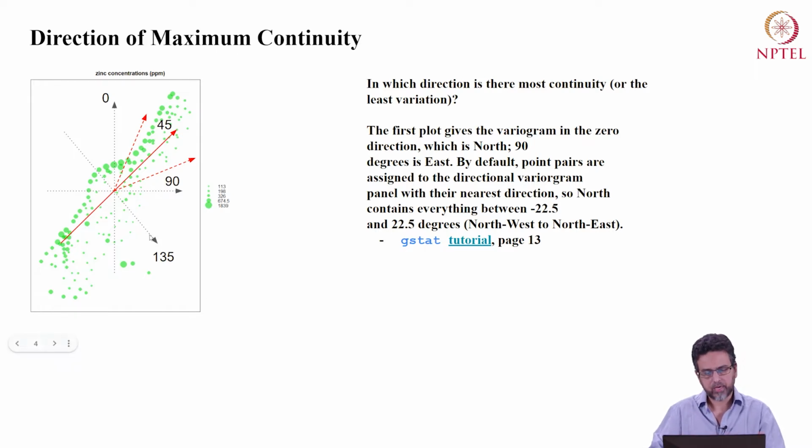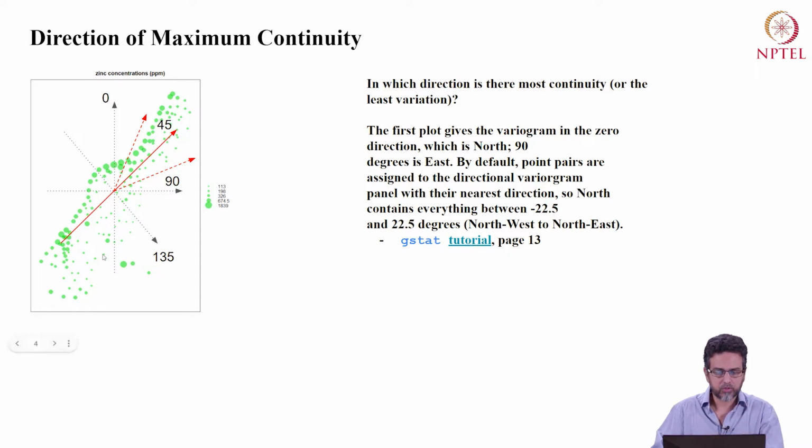So you can look at these cardinal directions. In the gstat package, 0 means north, which is what I've said here. This is from the gstat literature, which you can click on this tutorial here to go to; it's on page 13.